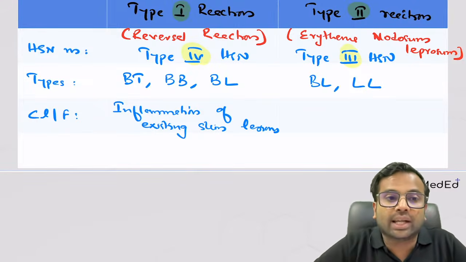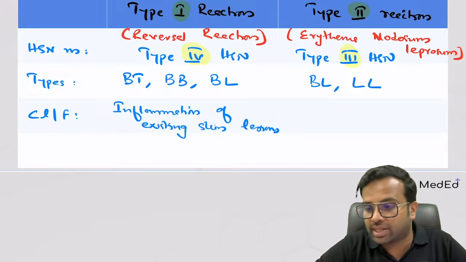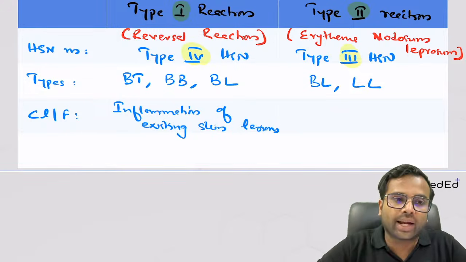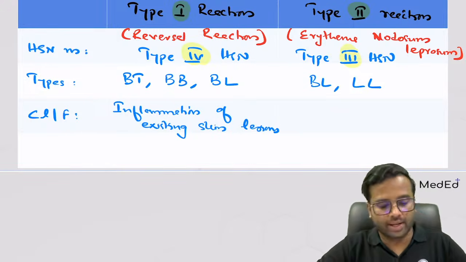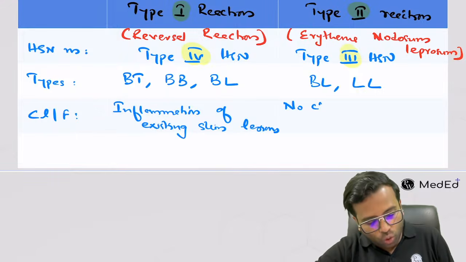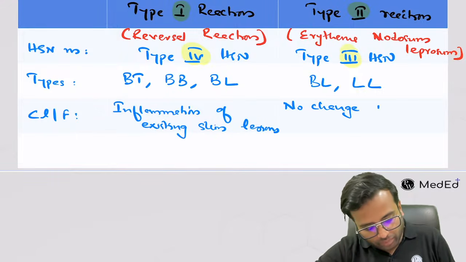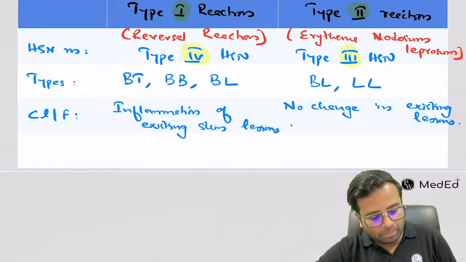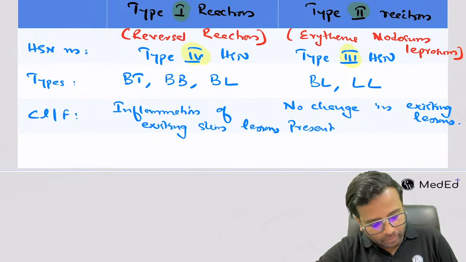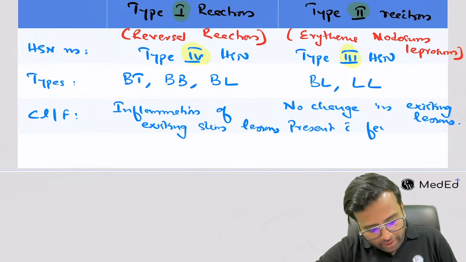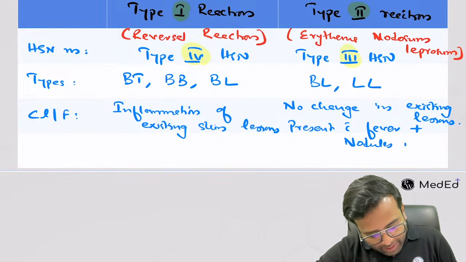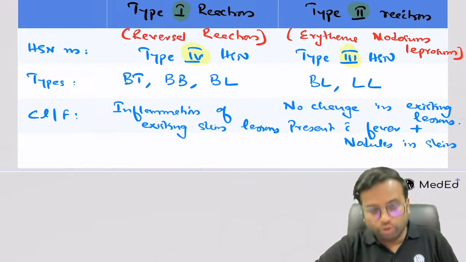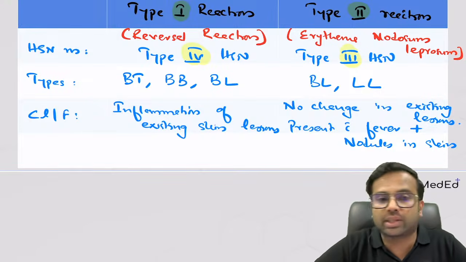Whereas in type 2 lepra reaction, there is no change in existing lesions, but it presents with fever along with nodules in the skin.